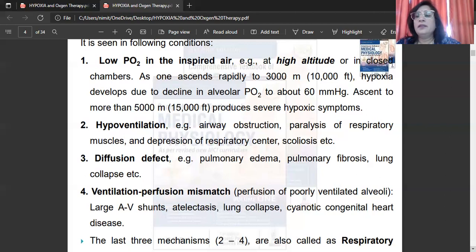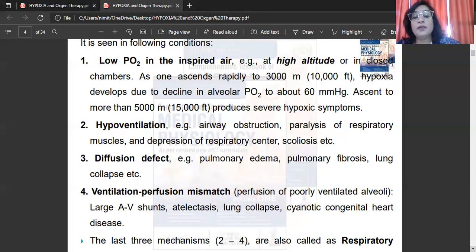So any diffusion defect will also lead to hypoxic hypoxia. Then another condition, ventilation perfusion mismatch. Whenever ventilation perfusion mismatch occurs, this will lead to a decrease in the availability of oxygen, hence leading to hypoxia.